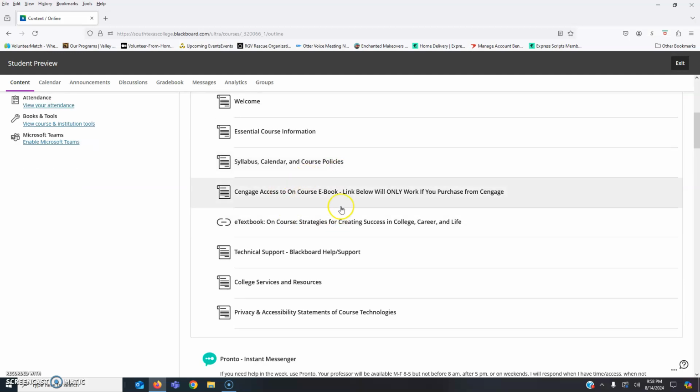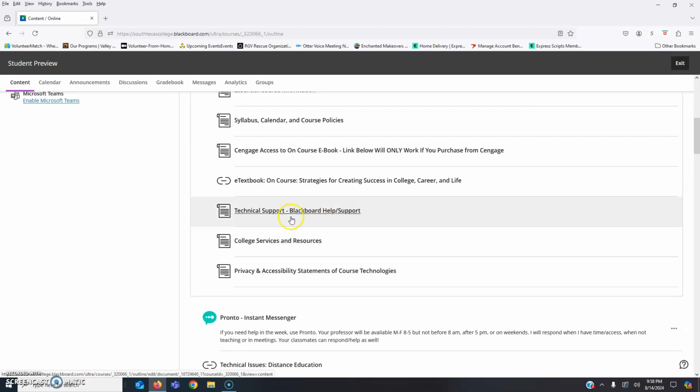As we move down, we already mentioned that the required course book is called OnCourse, and you can see here that there is some information if you decide to go with the link that I've provided and you want access to the e-textbook, you can use these handy dandy links to access that e-textbook. So you might want to look into those links. The next two links that I have provided are resources available to you at the college.